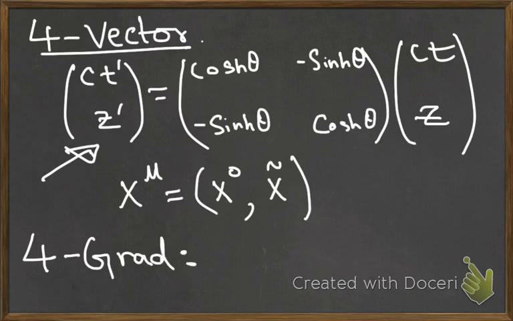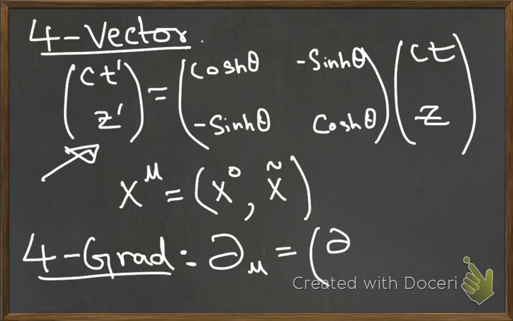And the 4-gradient is defined as partial covariant, partial mu, is equal to partial over partial t, the time component, and the spatial component I'll write down as del vector. Right? Alright.